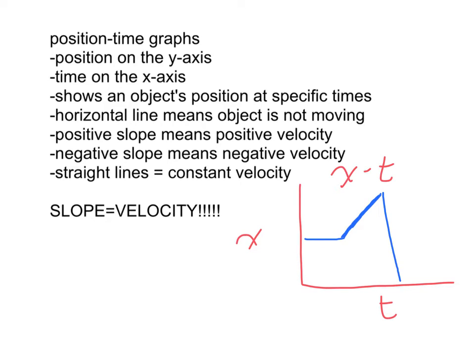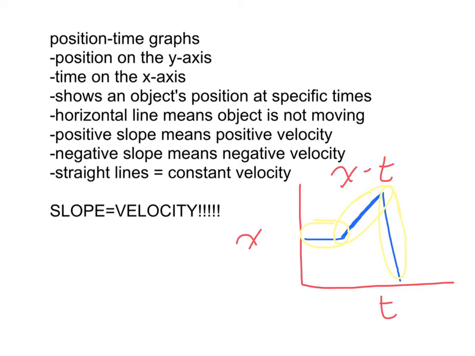So, what that's telling us is between this point and this point, we're moving not at all, constant. Between here and here is a constant velocity, positive, and between here and here is a constant negative velocity.